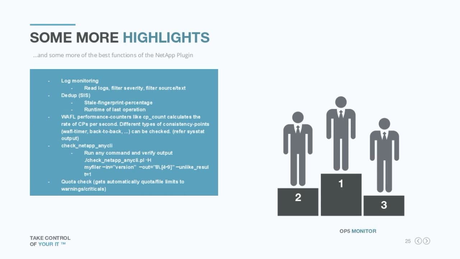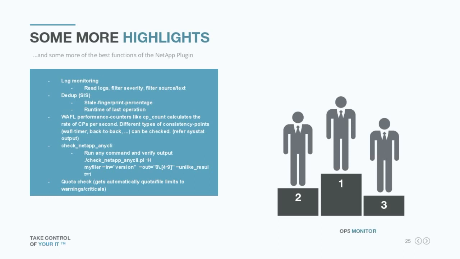One important key metric is the consistency points. If you have lots of back-to-backs, it usually means that your filer is not healthy. So that's a good metric for that. Then there are commands like check NetApp any CLI.